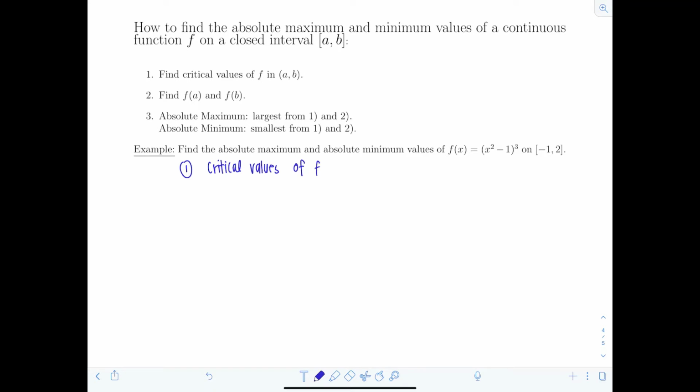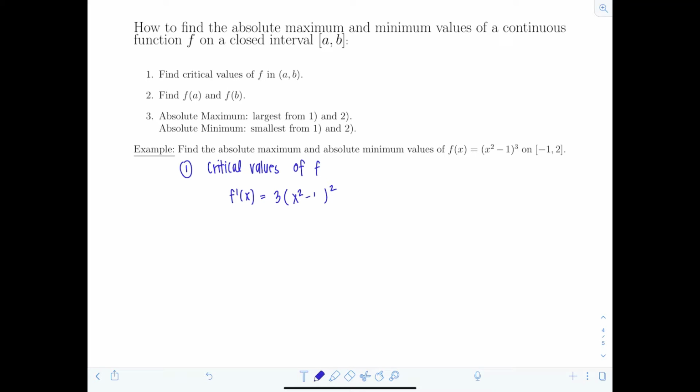Okay, so that comes from finding the derivative f prime of x and then identifying where it equals 0 and where it doesn't exist. So let's find f prime of x first. To find f prime of x, I'm going to use the chain rule. Since I have the quantity x squared minus 1 cubed, the derivative is going to be 3, leave that quantity alone, the new exponent is to the second power.